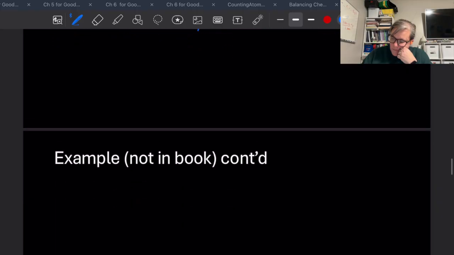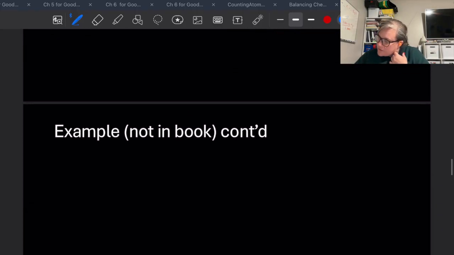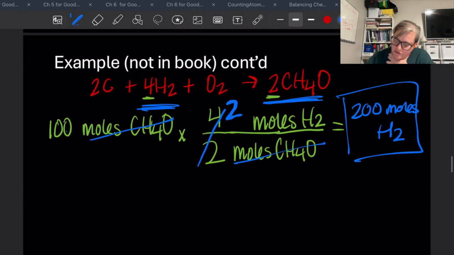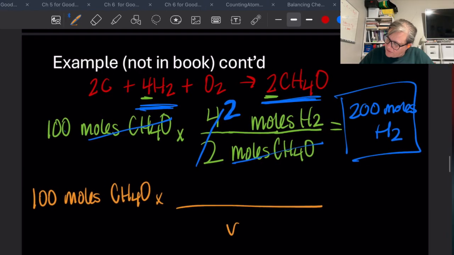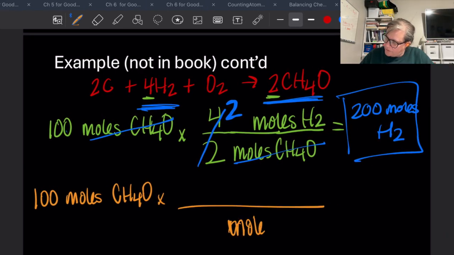All right, so one more. Actually, I'm just going to do this one on the same section. So let's do oxygen now. So 100 moles of CH4O, and on the bottom we'll have CH4O, and then on the top we'll have oxygen.